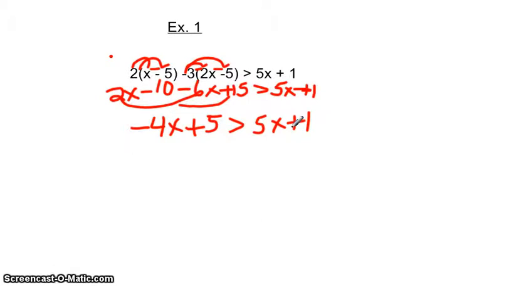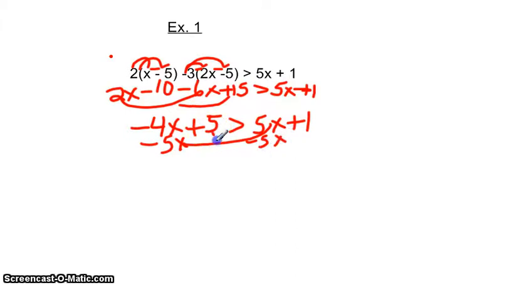Then we're going to go to page 6. Page 6 is step 4. Step 4 says we want to isolate the variable. Now remember, I told you in class that I like my variable on the left, and there's a reason for that. So I'm going to put the variables on the left and my constants on the right. So I'm going to move the 5x to the left side, which means I'm going to subtract 5x from both sides.